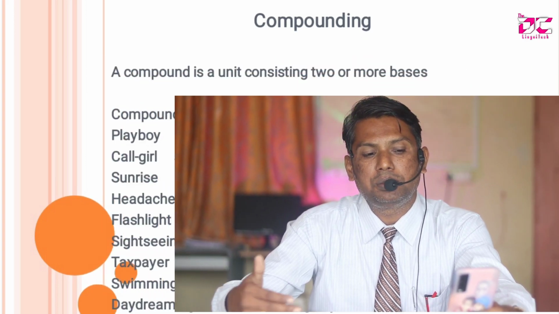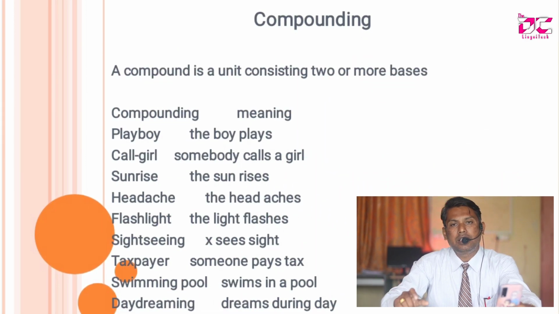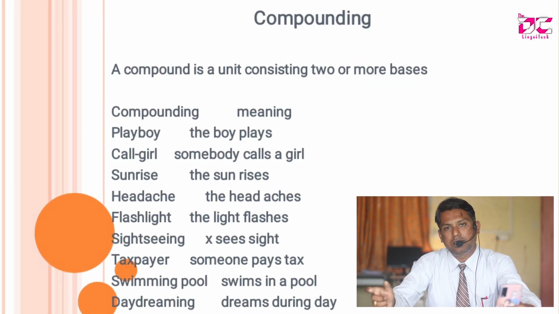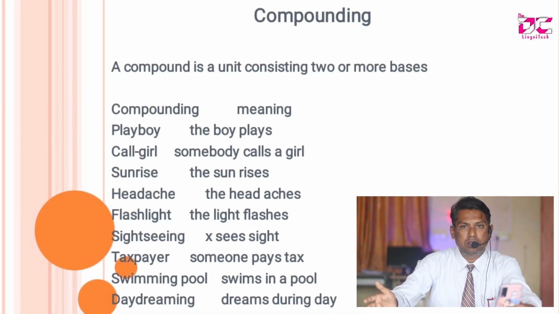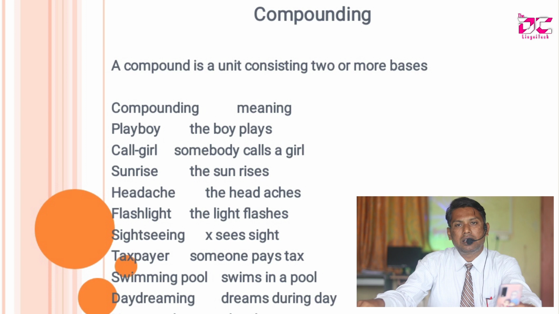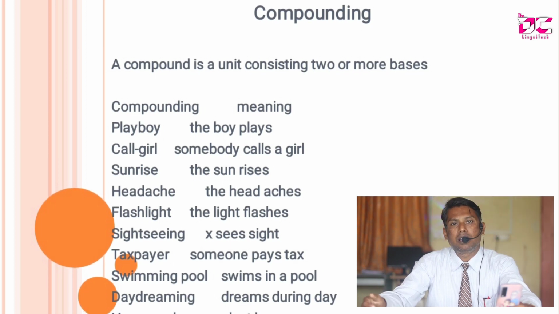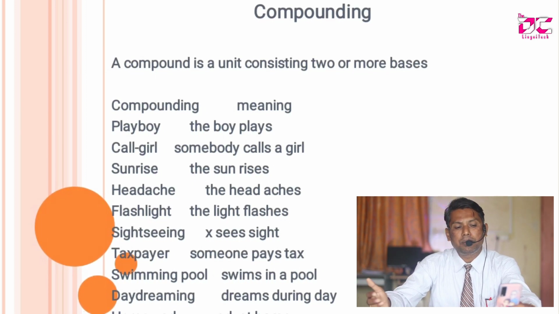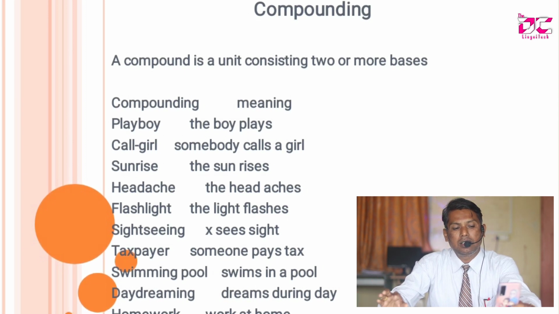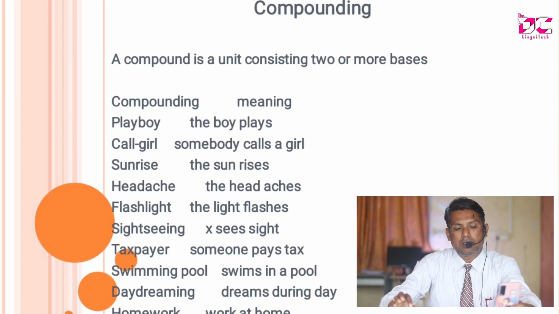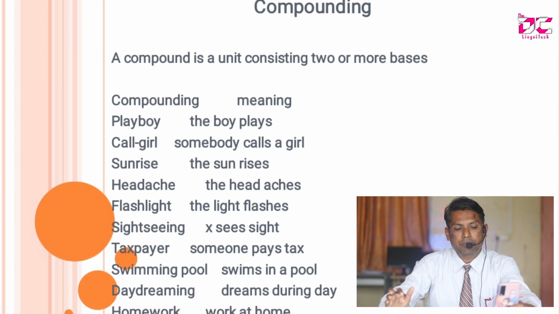Let's see some of the compounding words, like we have classmate, class teacher. Same way we can have benchmate, somebody who sits with me at the same bench, or busmate, somebody who travels with me in the same bus. So let's see some of the meanings, like playboy, the meaning is the boy plays.